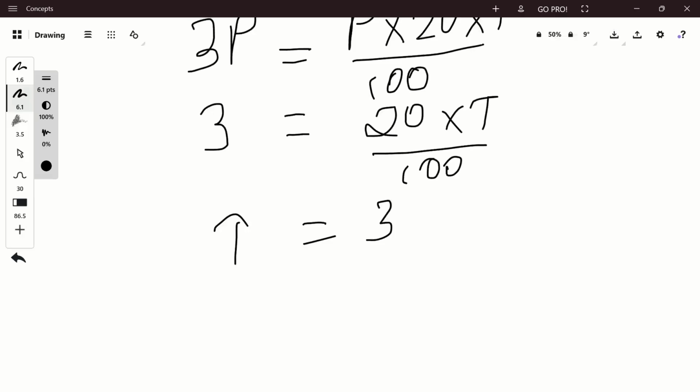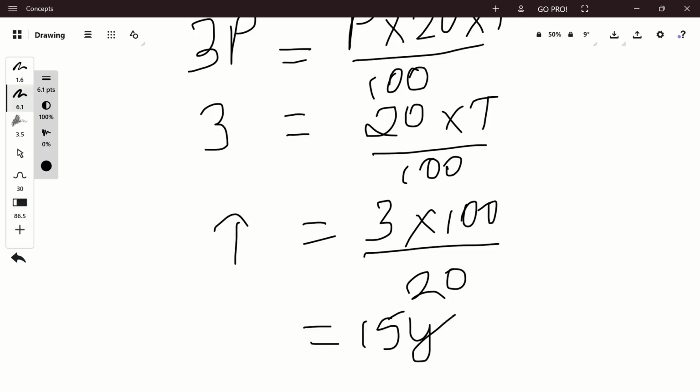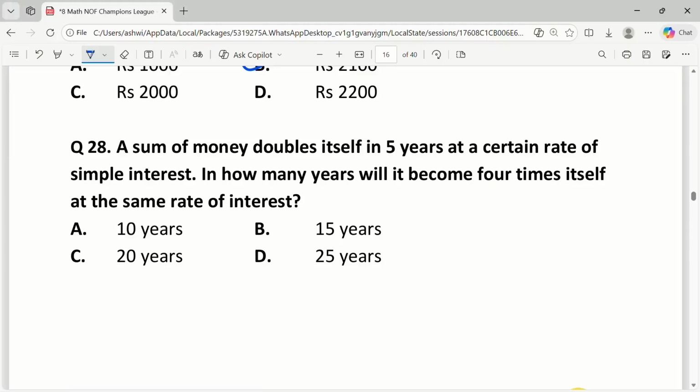T is equal to 3 into 100 upon 20, which is equal to 15 years. Comparing with the options, the answer is B, 15 years.